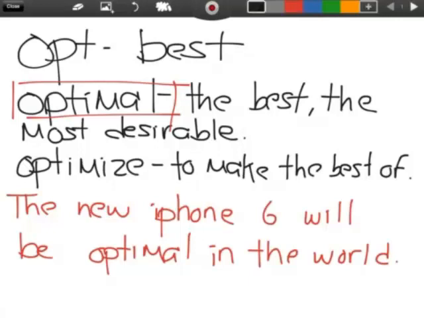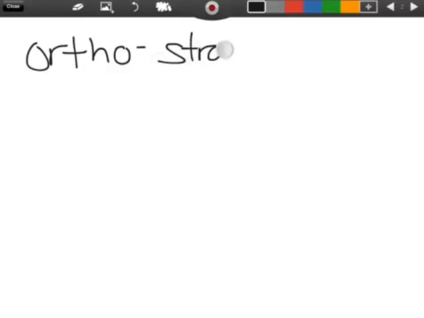Moving on to our next root, which is ortho. And ortho means straight. I'm going to give you two examples.